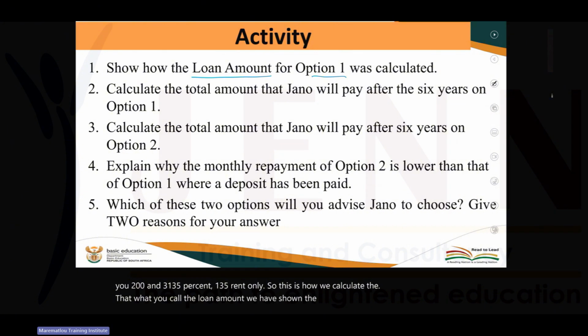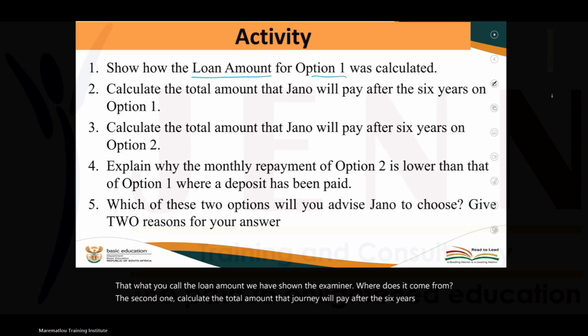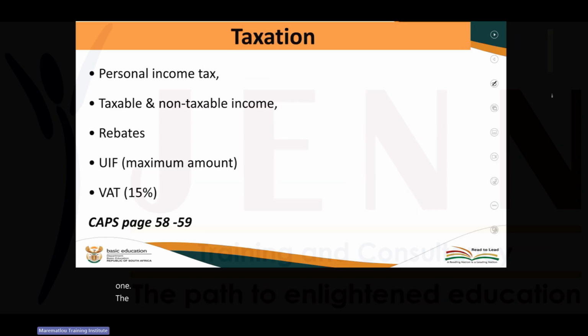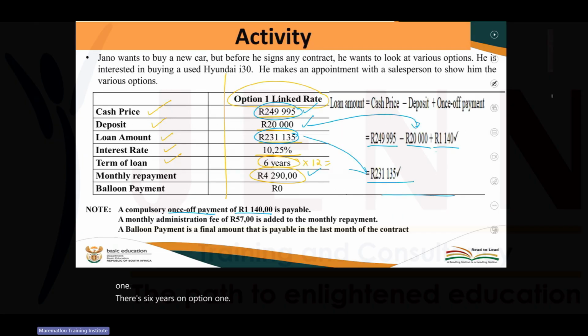The second one: calculate the total amount that Jano will pay after the 6 years on option 1. The total amount that he will pay. So it's going to be for 6 years. Here is the installment.